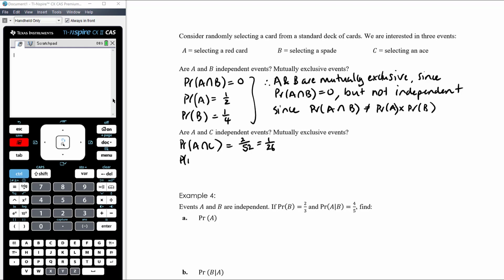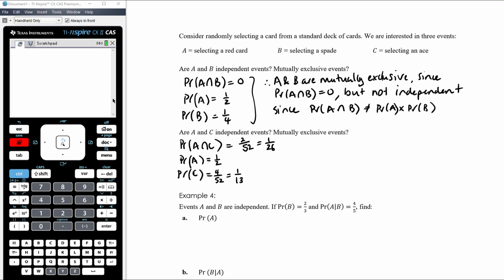Independence is much harder to determine intuitively sometimes. You actually need to check mathematically whether there's independence. So the probability of A, selecting a red card, we know that's a half. And the probability of C, selecting an ace, there are 4 aces in the deck, so that's 4 out of 52, which is 1 out of 13.